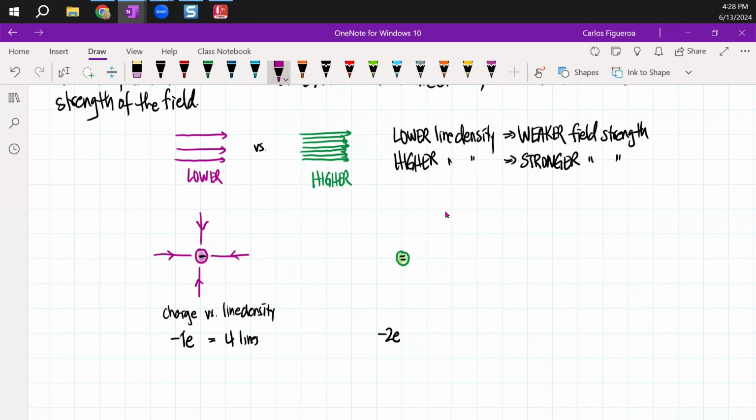Now, if I look at this negative charge over here, then this guy should have 8 lines. So now if I start to look at what the field lines are looking like, they're looking something like this. So remember, they start at the charge and move outwards. So clearly here, a higher number of lines implies stronger, a lower number of lines implies weaker.